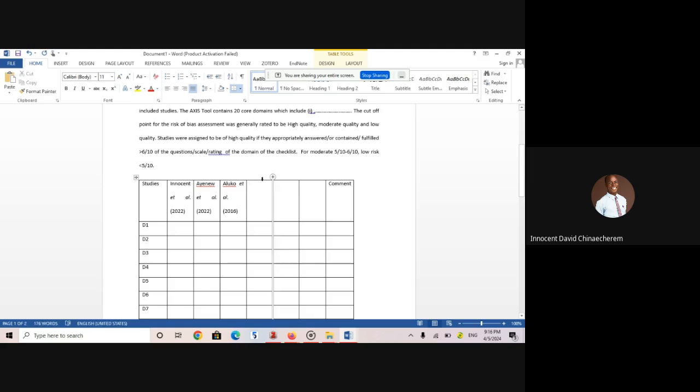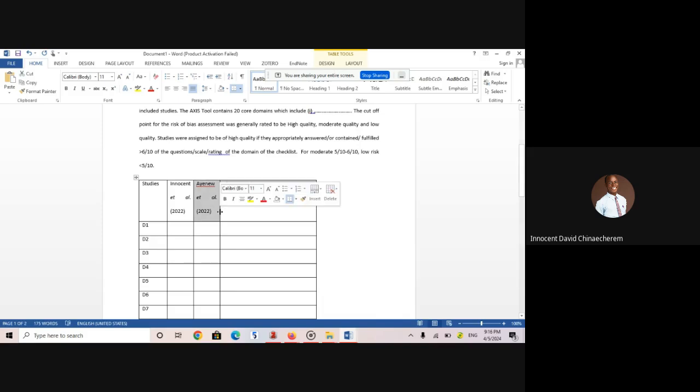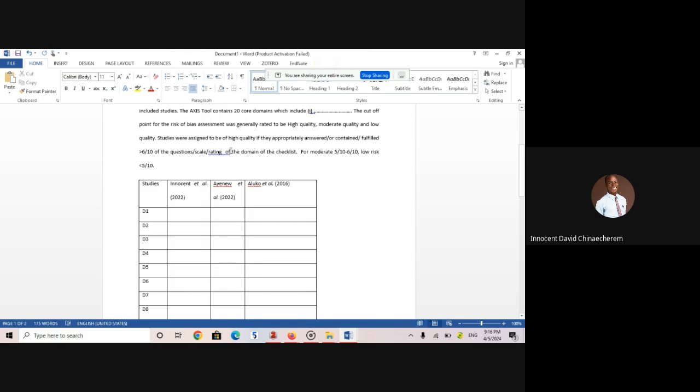Okay, so it is assumed that we have just 3 included studies. Now this is the point. The cutoff point was high quality, moderate quality, and low quality.